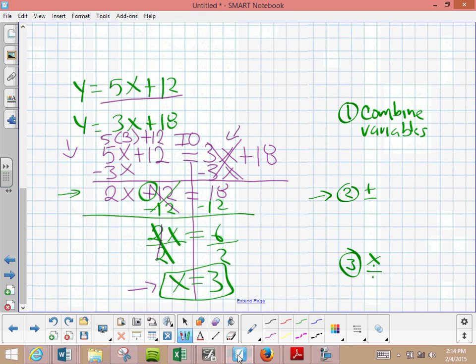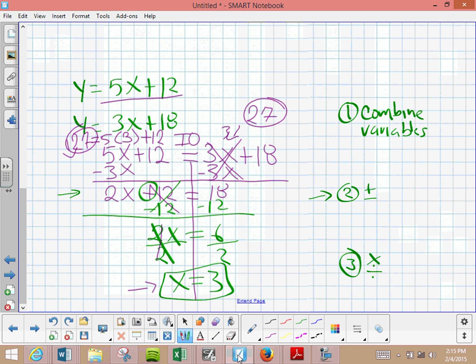What do you get? 27. All right. I'm going to plug in on this side. 3 times 3 is 9 plus 18, 27. If I get the same answer on both sides, that means I got the right answer.